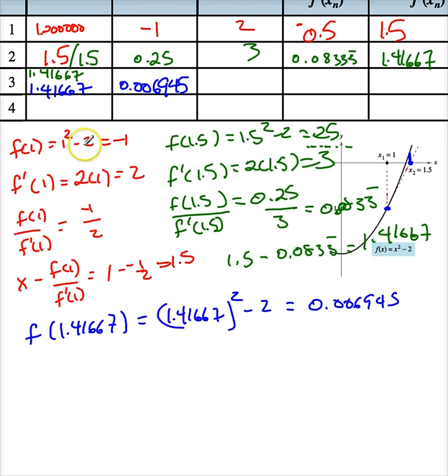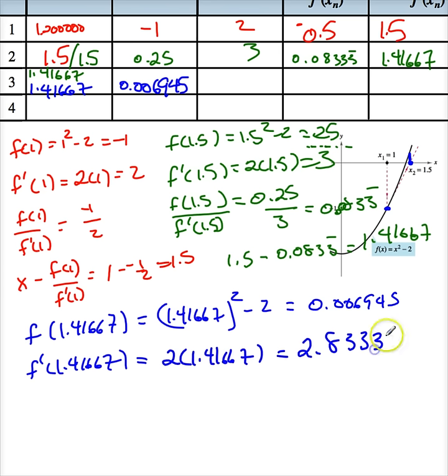Now, what is f prime of 1.41667? Well, f prime is 2 times 1.41667, and this gives me 2.83334.